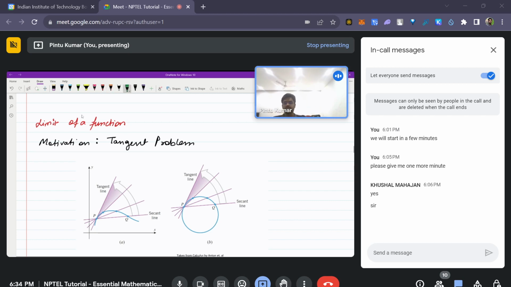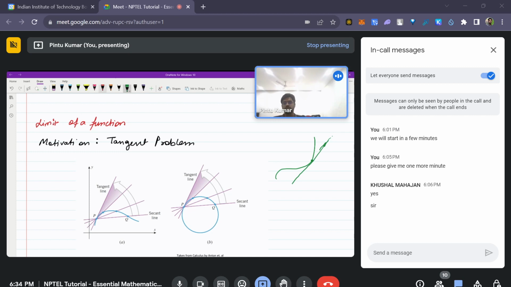First one is that, let's say you have some curve, and at this point you want to draw a tangent, or you want to find the slope of this particular tangent. Then how can you find it?